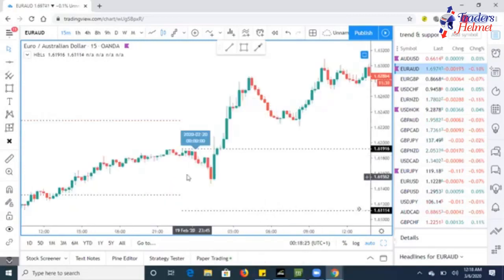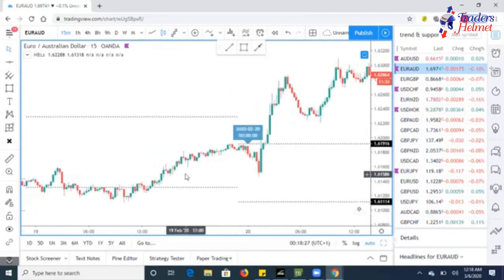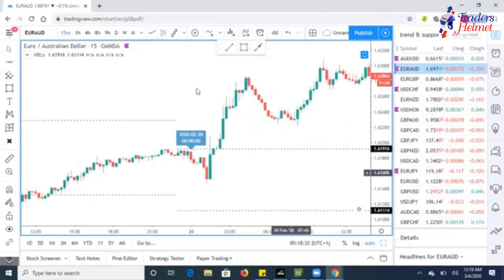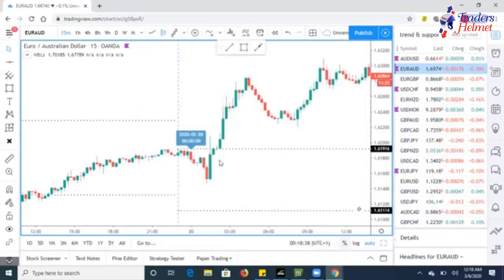So we'll go to the 20th of February. Now, maybe I should explain this clearly before we proceed. The dotted line, and I also want to add session breaks, so we could know when the day starts. So this is the beginning of a new day. We are presently on the 20th of February.